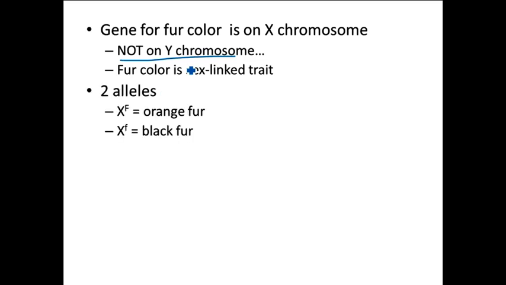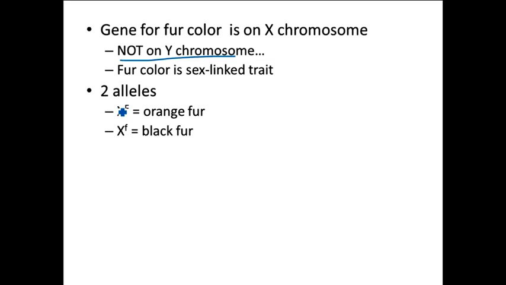For this fur color gene that's on the X chromosome, there are two alleles. Remember, when we're talking about sex-linked or X-linked genes, we use this notation where we have the X and then the superscript for the alleles.